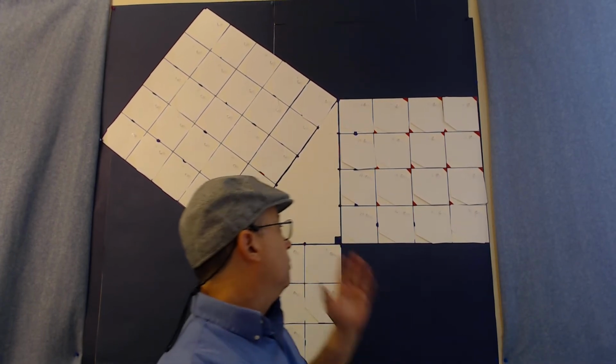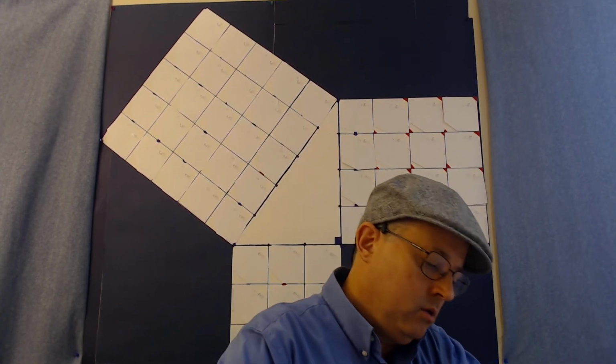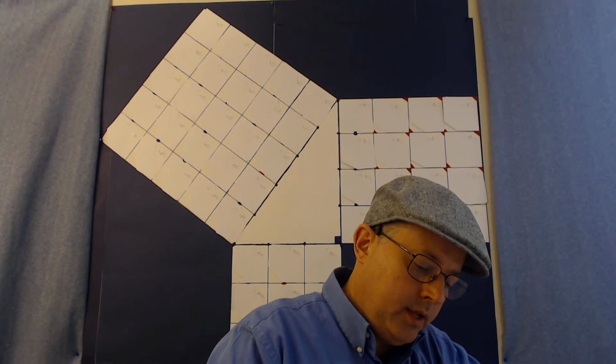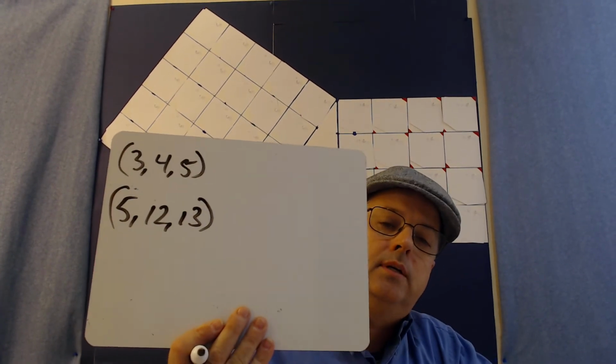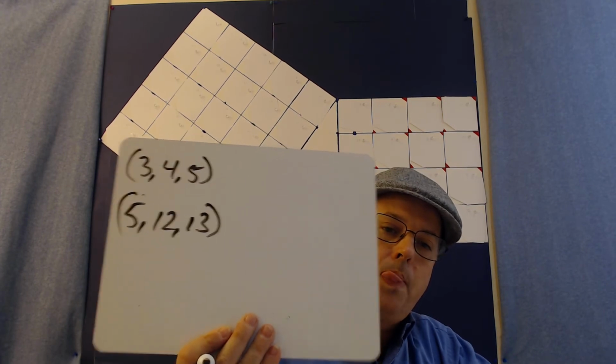And now we get to check out what's behind me here. We've talked about a number of Pythagorean triples. You know, we had 3, 4, 5, and 5, 12, 13. And those were primitive Pythagorean triples.